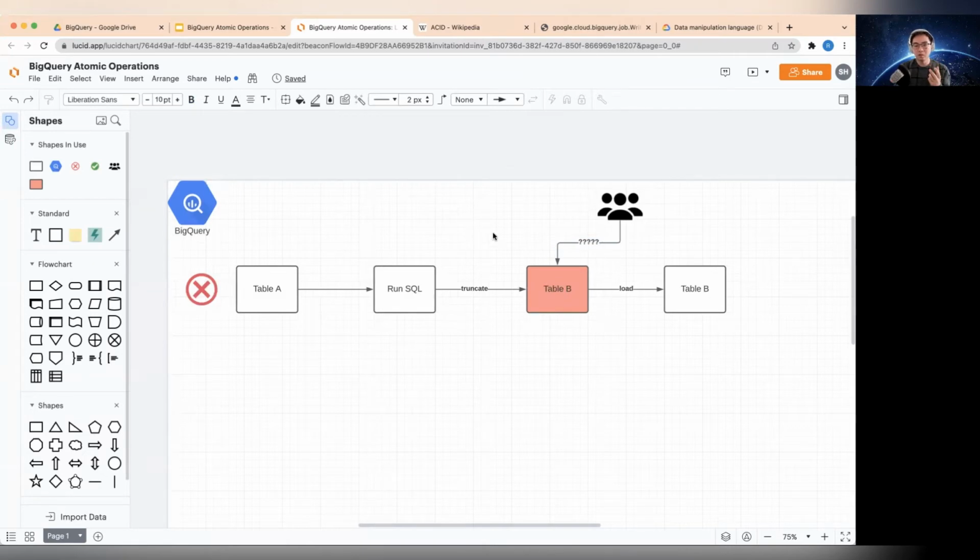This is the common mistake I've seen in many places, and it causes a lot of problems. I've mentioned the word atomic, so I'd like to talk a little more about that.